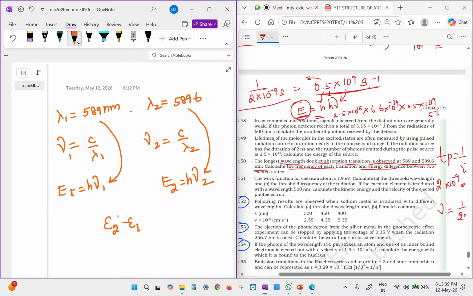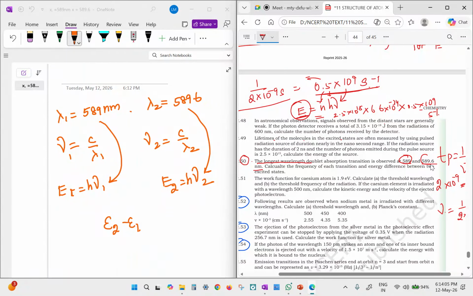Yeah. See, we were discussing this 50th question, Kanika. Look at this problem. The longest wavelength doublet absorption transition. There are some transitions corresponding to 589 and 589.6 nanometer. One of the transitions corresponds to 589 nanometer.